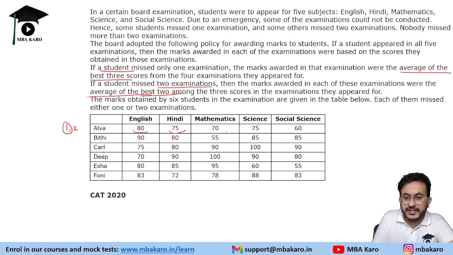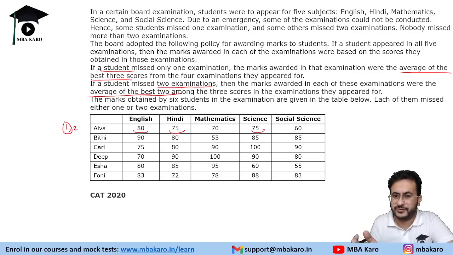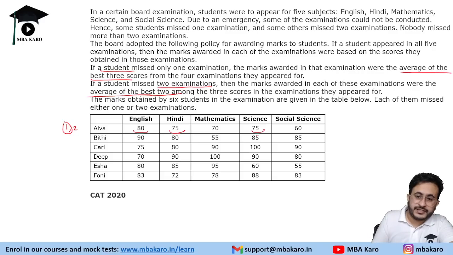Now see this thing. If you take 75 here again, you are seeing the value is going down, right? Instead of that, if you take these as top three values, 75 will be the average. Okay. So the average will be 75.